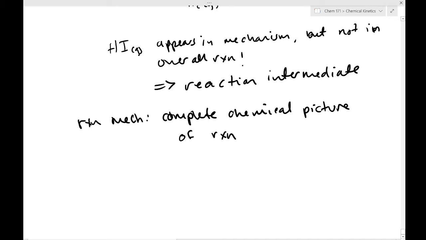It's the complete molecular picture of what's happening, and as you can imagine, this is very important to chemistry because this is telling us exactly what chemistry is occurring in an overall reaction. It's not necessarily the way it's written out. It can actually occur in very strange and different ways than what is actually written out.